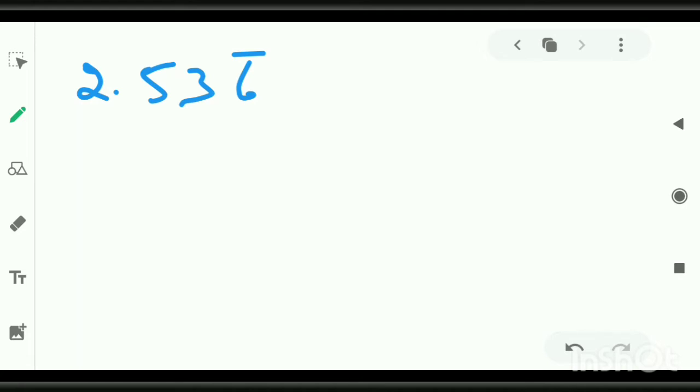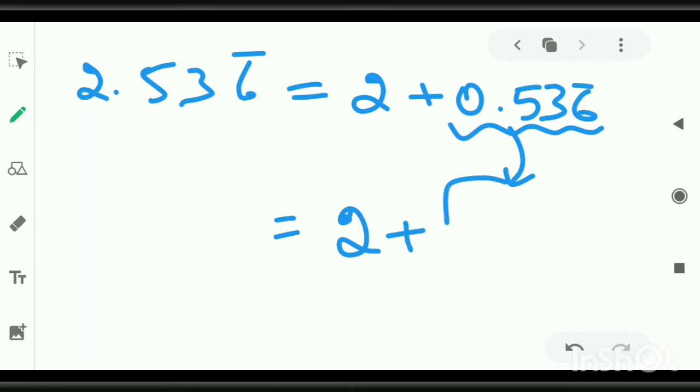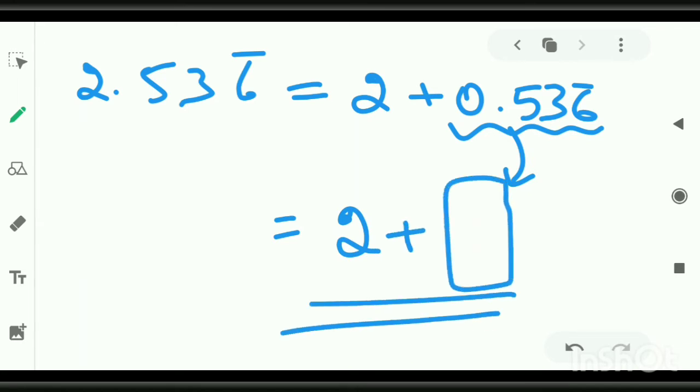Now we can write 2.536 bar as 2 plus 0.536 bar. Now we are going to convert this decimal into a vulgar fraction, then come back and write it in the form of 2 plus a fraction. That is a mixed fraction, which can be converted into an improper fraction, or we can leave it as such.